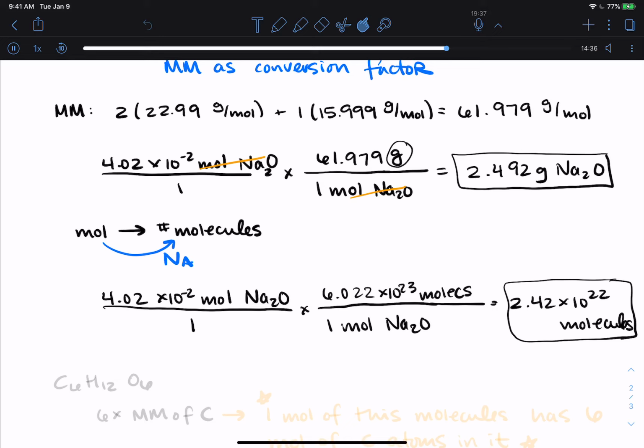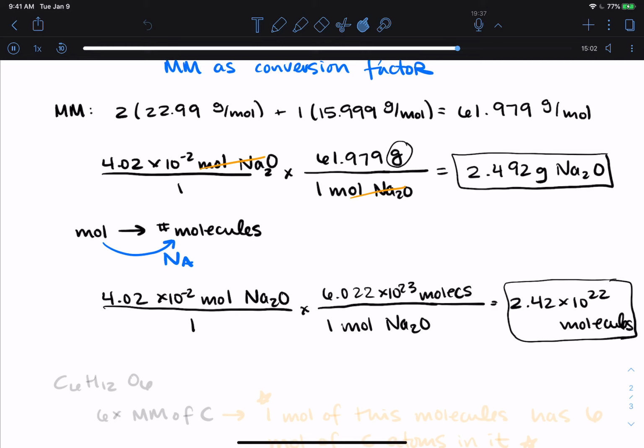So you can see why we like weighing things out on a balance as opposed to trying to count molecules, which are really tiny, would take us a long time. It's much more practical to weigh things out on a balance, and this is a fantastic relationship that you will use in every single chemistry class ever, and probably in a lot of non-chemistry classes as well.